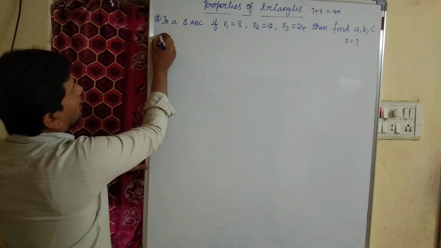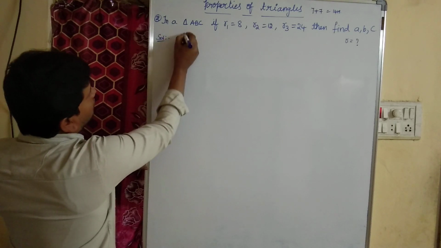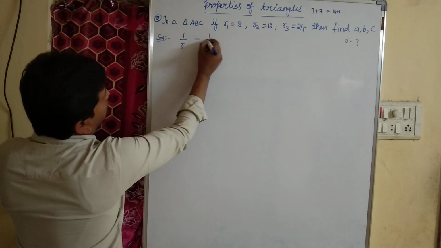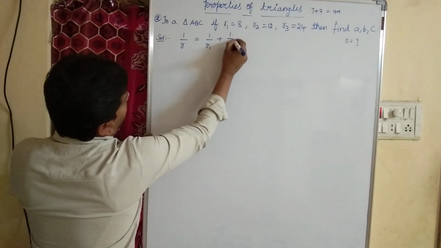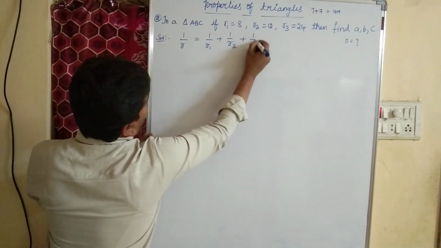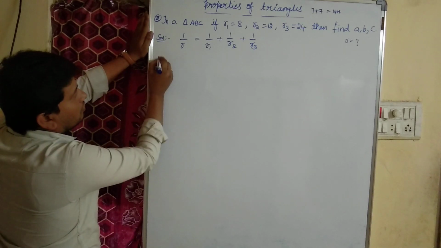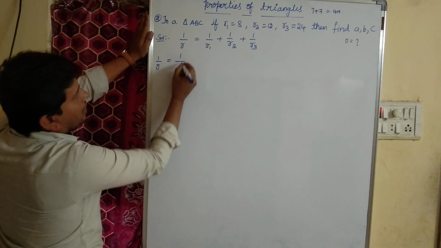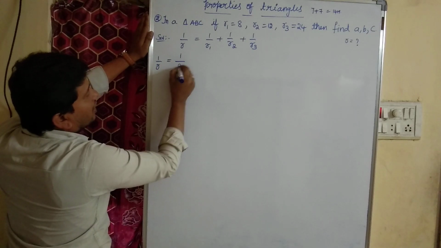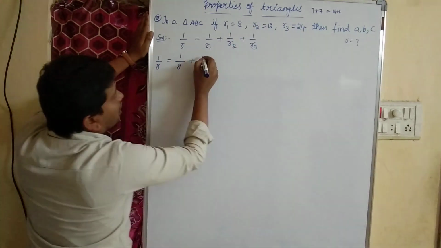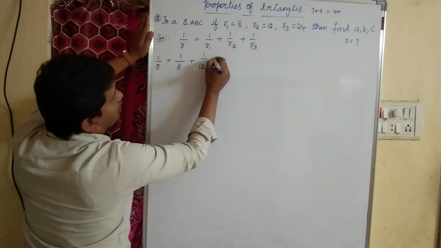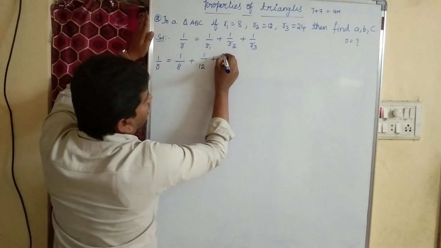So we have the formula 1 by r equal to 1 by R1 plus 1 by R2 plus 1 by R3, right? So 1 by r equal to 1 by R1 value is given 8, R2 value is given 12, R3 value is given 24.